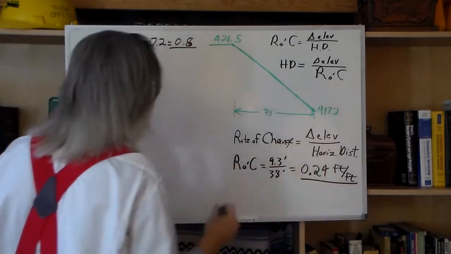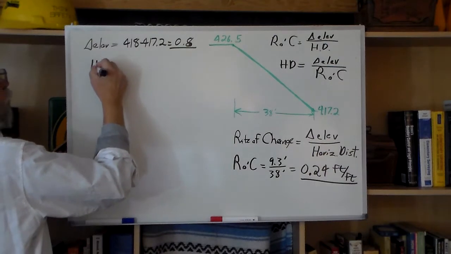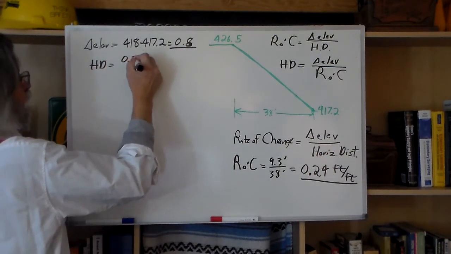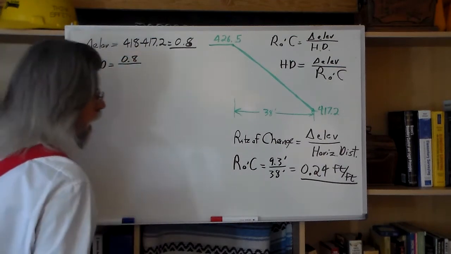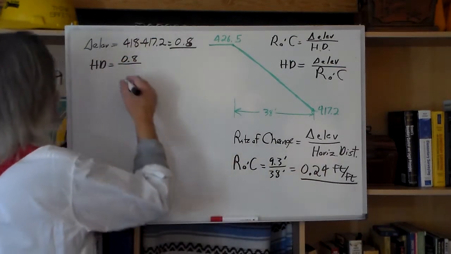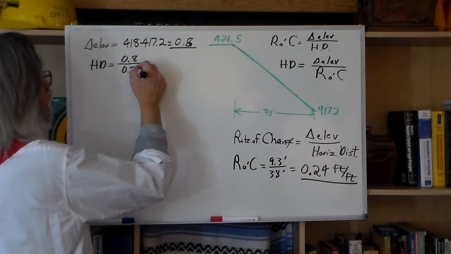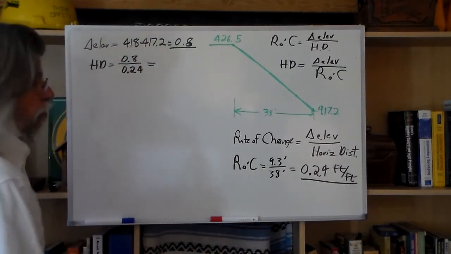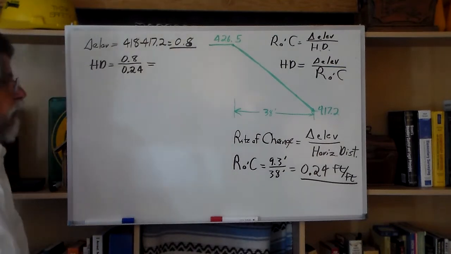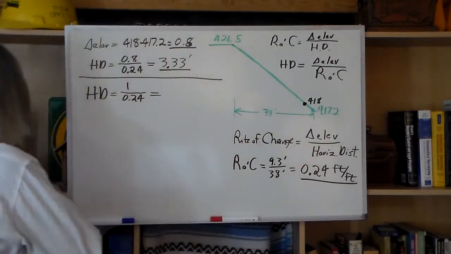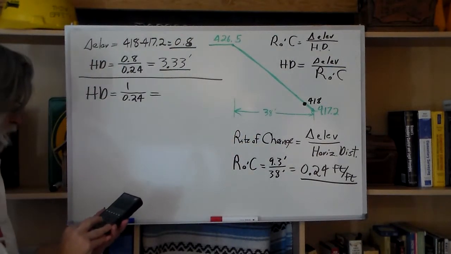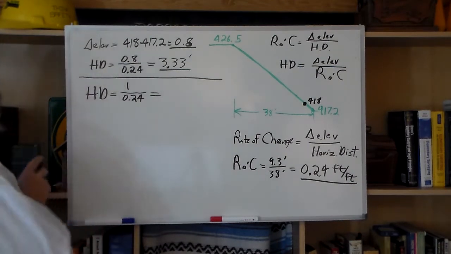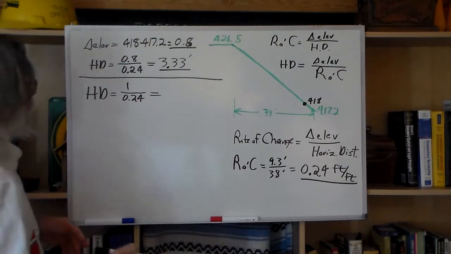Take that number and plug and chug in here. HD is going to equal 0.8 divided by our rate of change, 0.24. 0.8 divided by 0.24 is 4.16, 4.17.